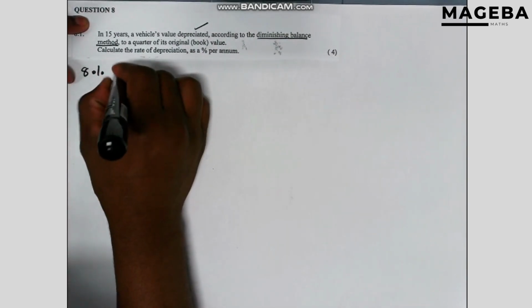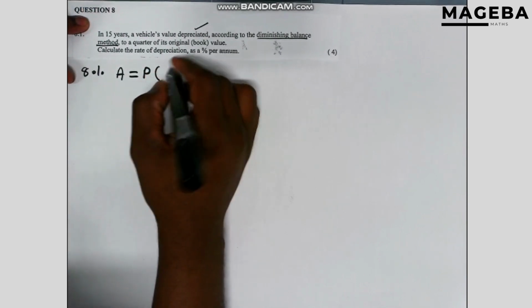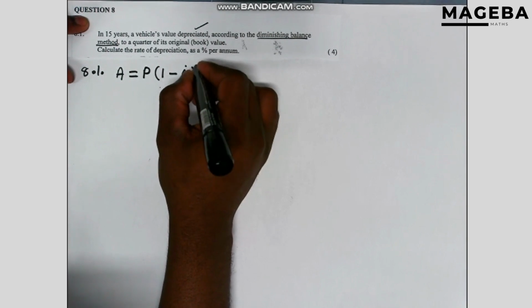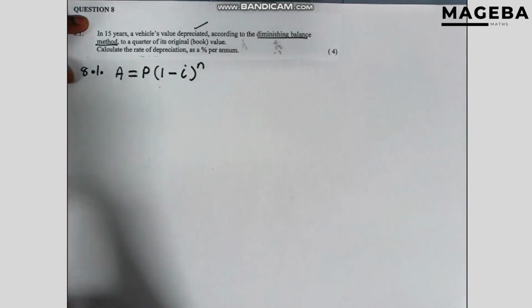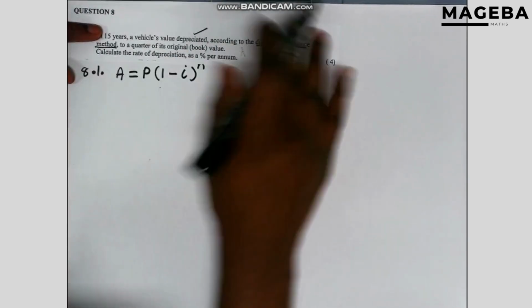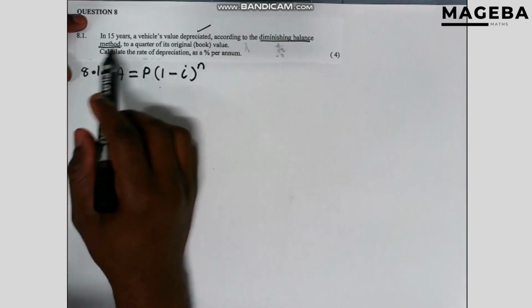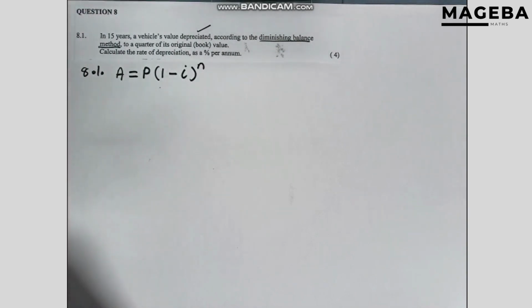It's just A equals P bracket 1 minus i to the power n. From here, diminishing balance method. Then now they are telling us that it diminishes to a quarter. What is a quarter?